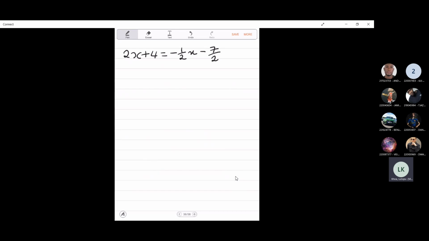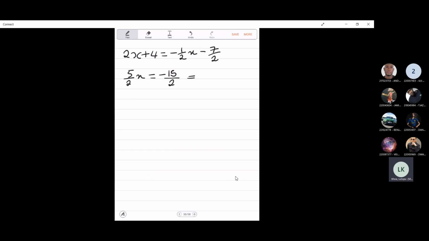Okay, then all the terms with x on one side, everything else on the other side. So I'll have 5 over 2 x. This is 7 over 2, that's 3.5, minus 4. That is minus 15 over 2 rather.